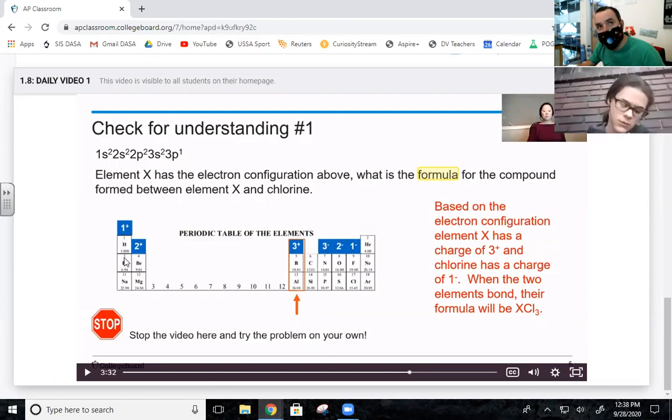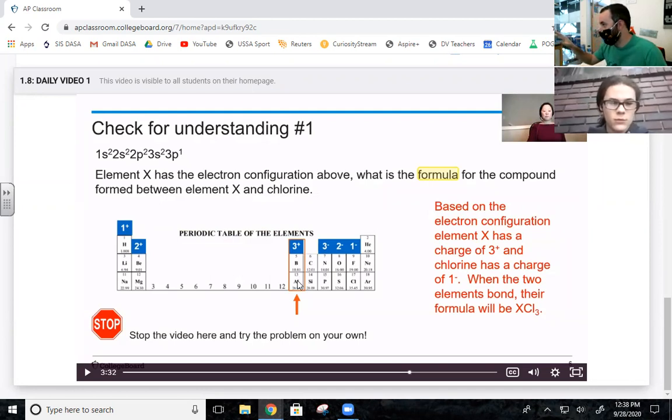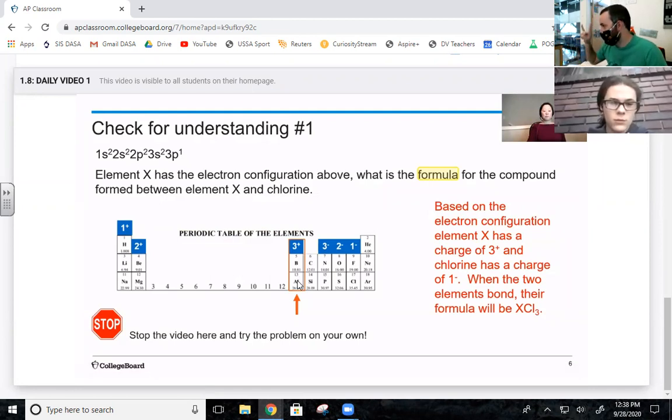So 1, 2, 3. The p is over here. The s is over here. Really, you could put helium here. So 1s, 2s, 2p, 3s, 3p. Cool? Rock on.